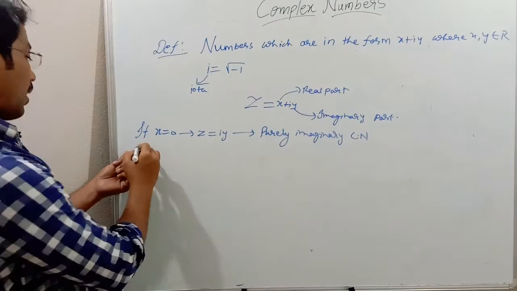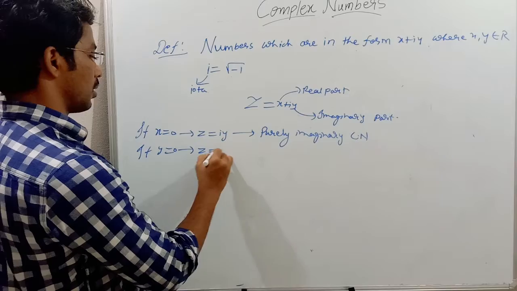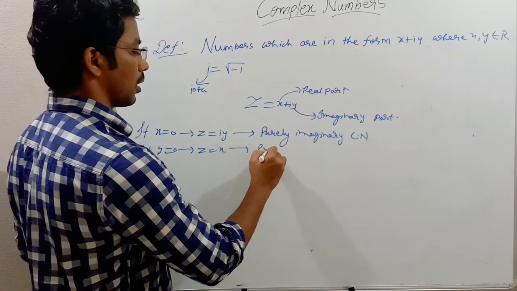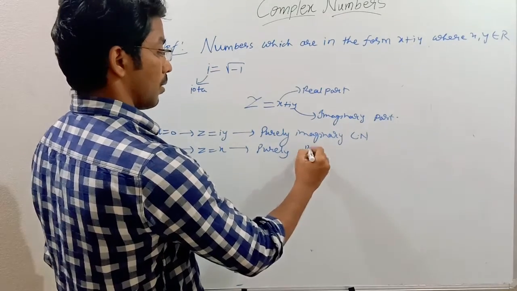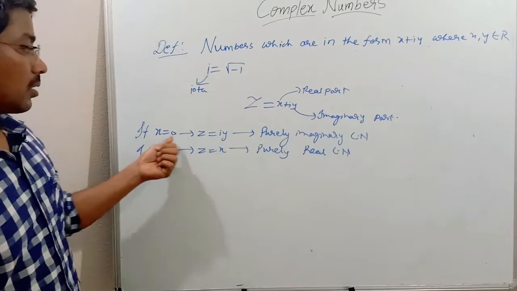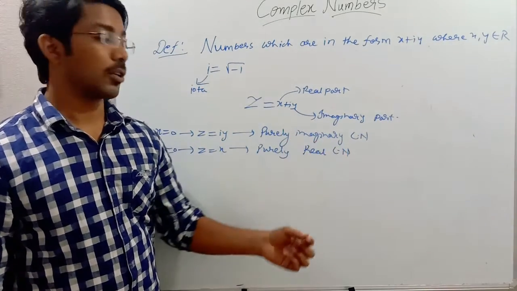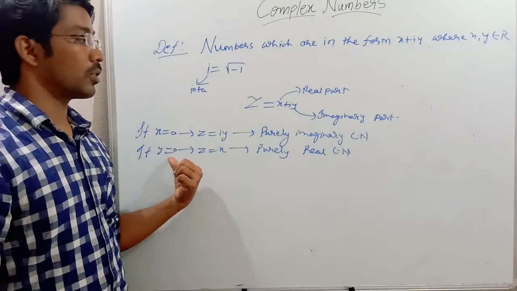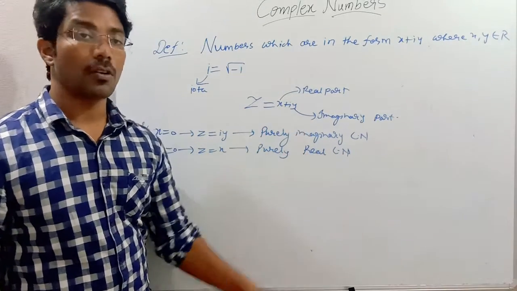So if y is equal to 0, we get z is equal to x, which is a purely real complex number. So when x is equal to 0, the given complex number will become a purely imaginary complex number. When y is equal to 0, it becomes x, a purely real complex number.